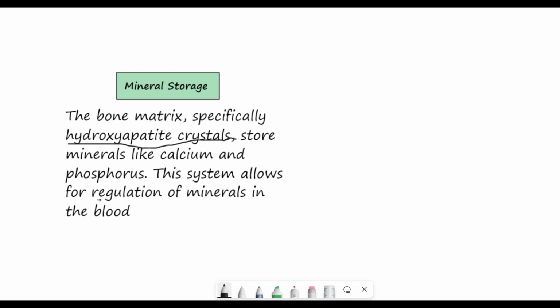And this system allows for regulation of minerals in the blood. When those minerals are deficient in your blood, your body can access it from the bones to increase those levels. When they are extremely high in the blood, they're in excess, your body can store some of those minerals in your bones to lower it, keep it at optimal levels, and then it can retain it again if necessary.